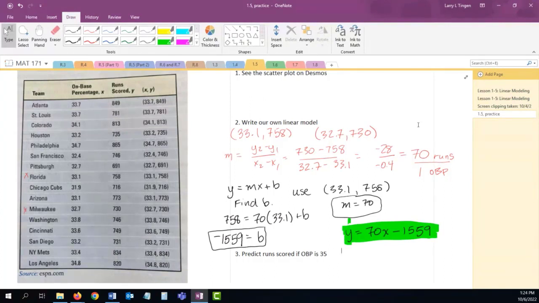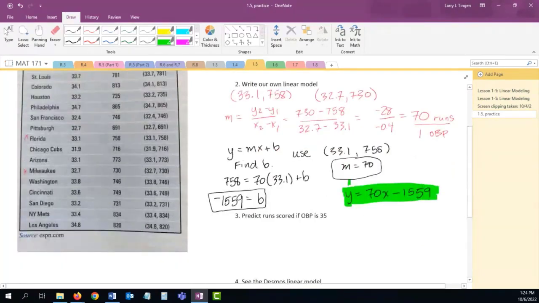This is a linear model, and again, I'm getting it from picking 2 points in my graph. If I want to use it to predict the number of runs scored if on-base percentage is 35, that means x is 35. So I'm looking at y is equal to 70 times 35 minus 1,559.